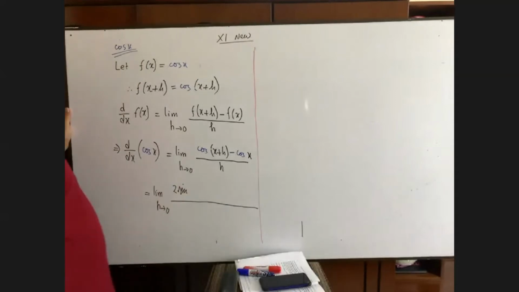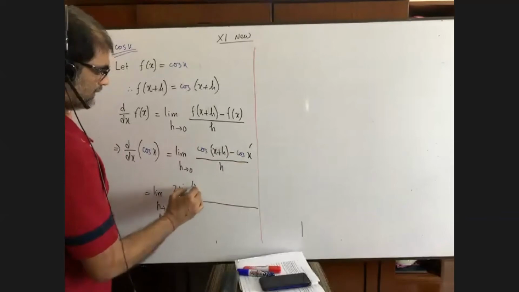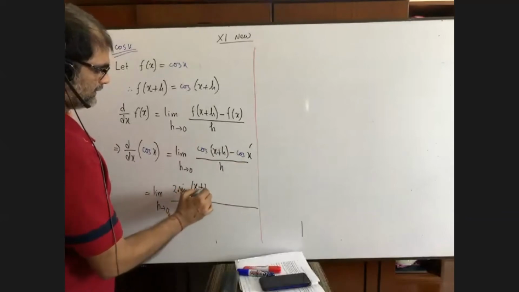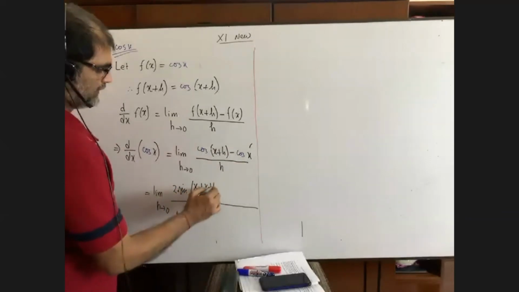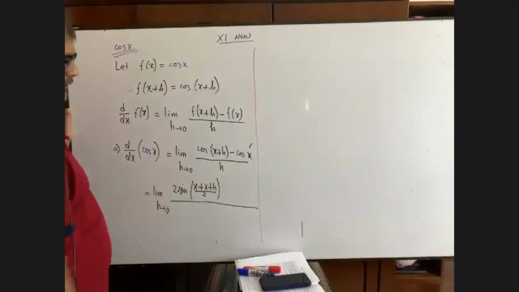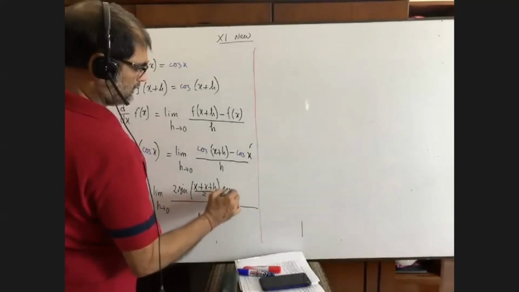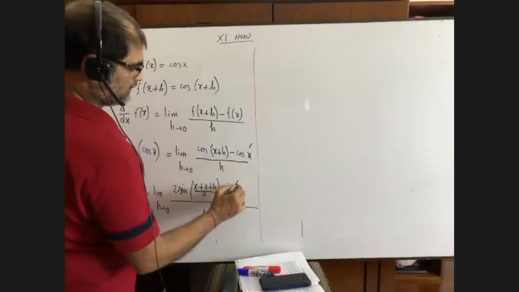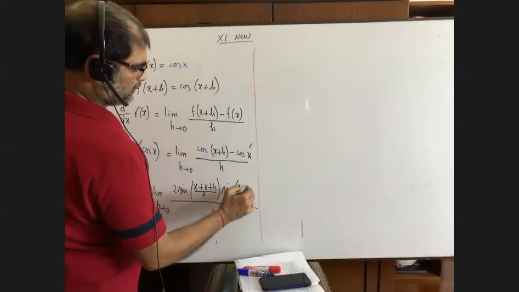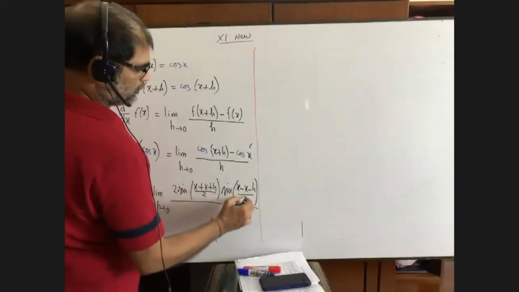Here c is x. C plus d by 2, then sine c minus d by 2.